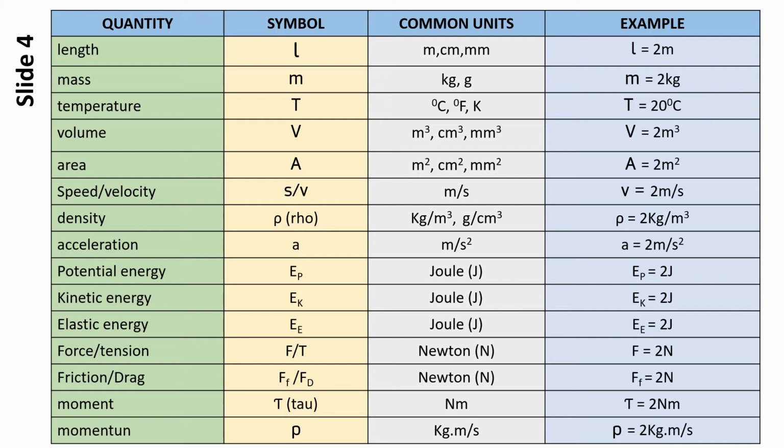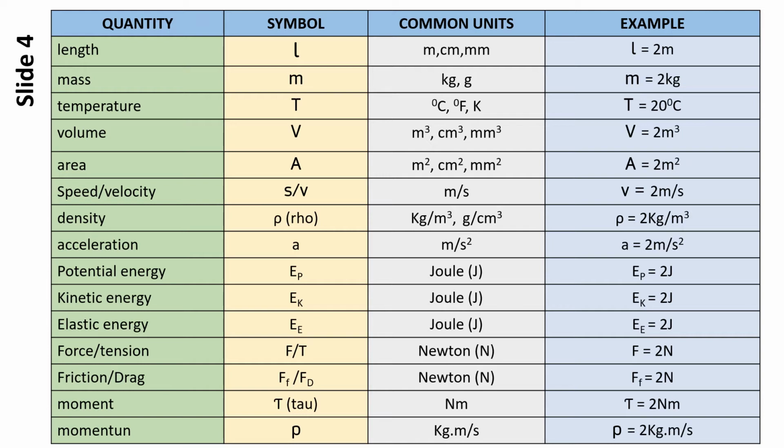For mass, lowercase m, common units, kilograms and grams. Temperature, uppercase T, degree Celsius, degree Fahrenheit, or Kelvin. For volume, the letter V, cubic meter, cubic centimeter, cubic millimeter. Area, uppercase A, square meter, square centimeters, square millimeter. Speed or velocity, S for speed, velocity is V. The unit, meters per second.